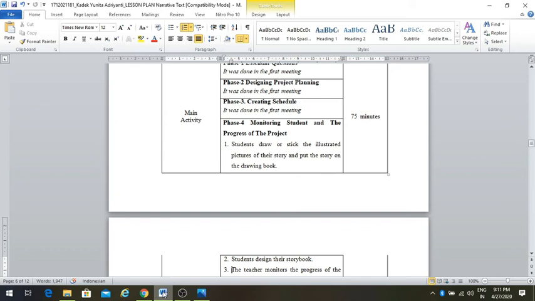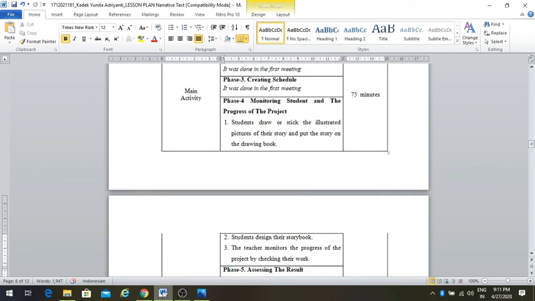So in the third meeting, the students' activity is to finalize the picture storybook, like continue to draw, sticking pictures, making cover, or put the story to their storybook. And then in this stage also, the teacher still monitors the progress of the project by checking their work.